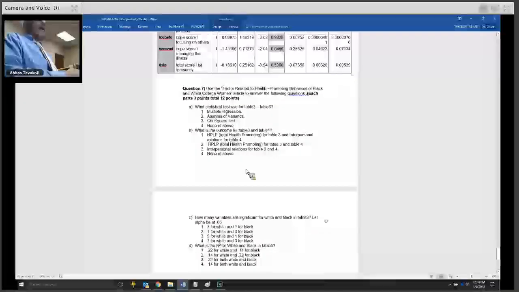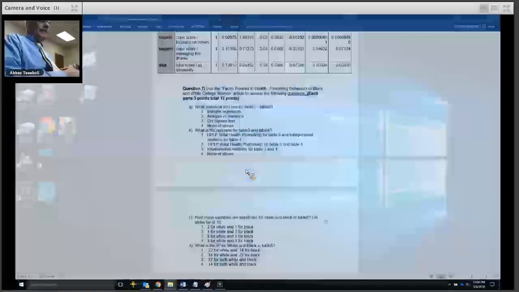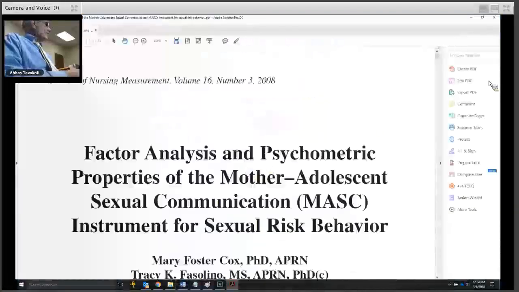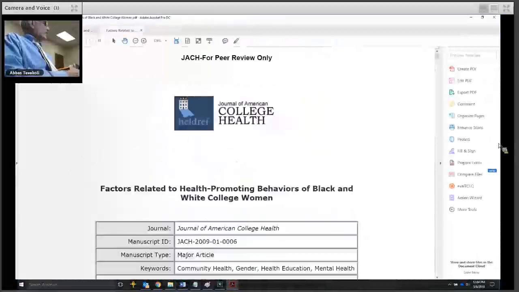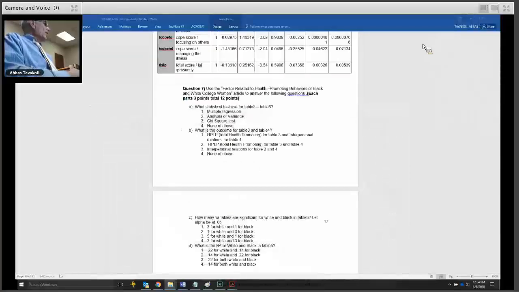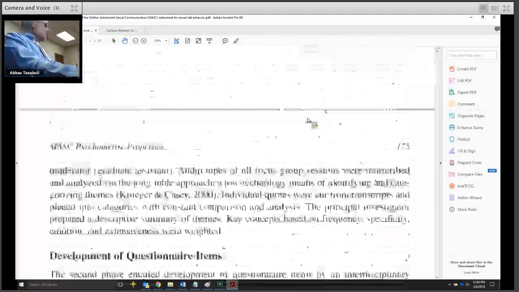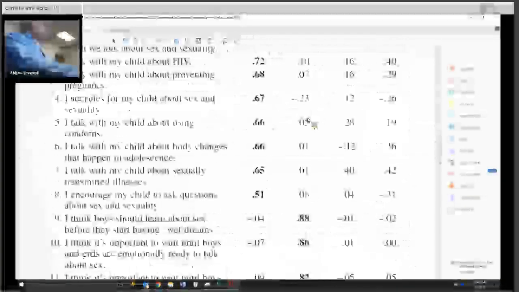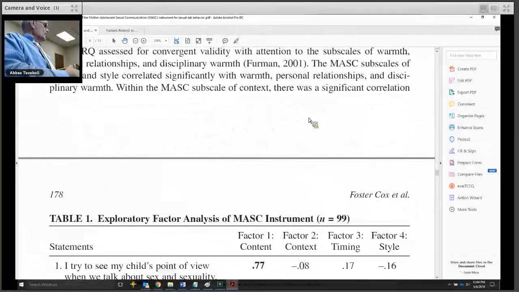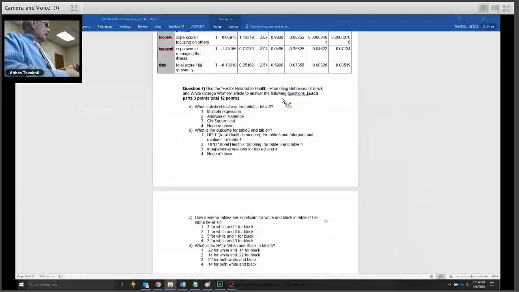And then for question 7, you have 2 manuscripts which I asked you to look at. One was on factors related to health. You would look at the table and tell me what sort of procedure was used for the health promoting table, what statistical tests were used, and what the outcomes are in tables 3 and 4.